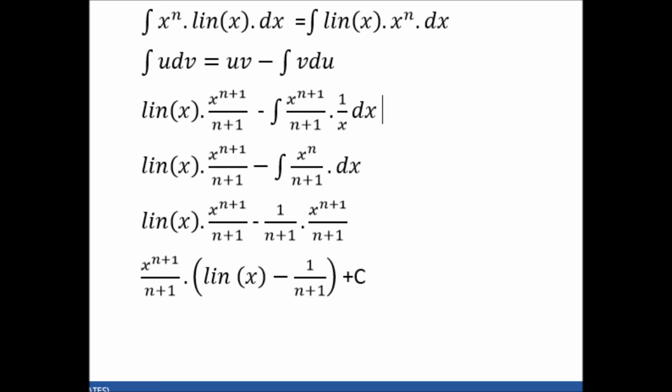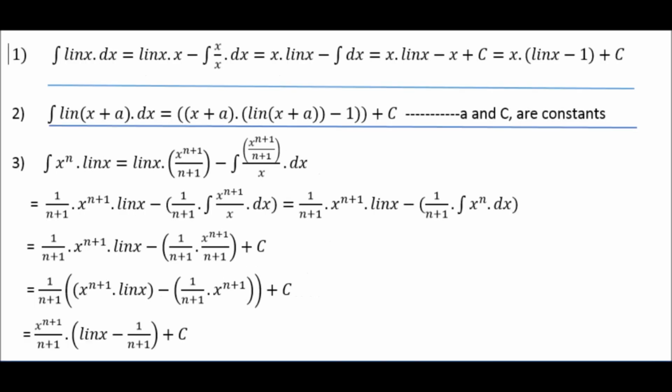In this last step, we'll take x to the power n plus 1 over n plus 1 as a common factor, open bracket. From the first term we are left with only ln x, minus, from the second term, only 1 over n plus 1, close the bracket, plus c, the constant of integration.